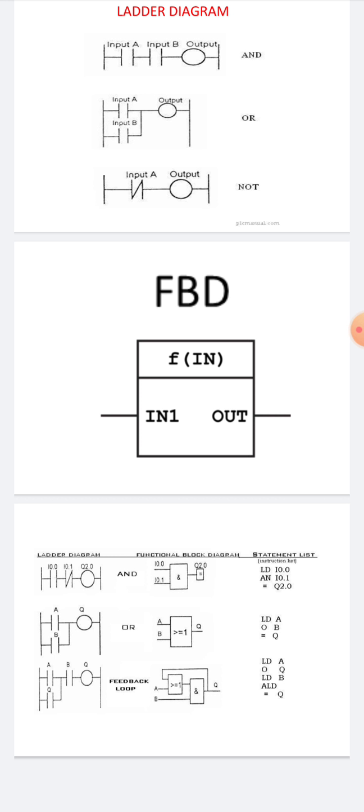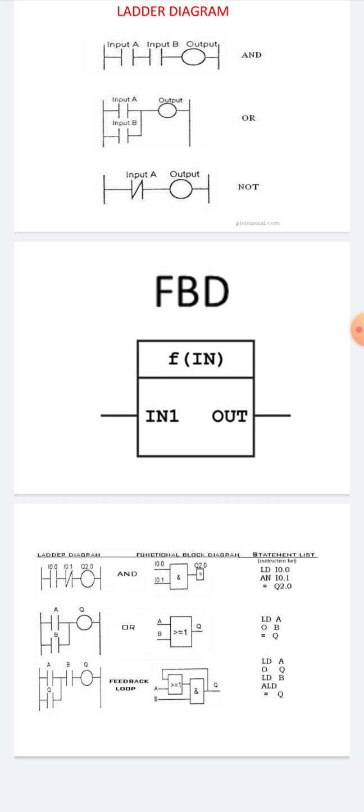It is a graphical programming language, and the main concept of the FBD, the function block diagram, is the data flow that starts from inputs and passes through blocks, and then generates the output. Got it, all of you?